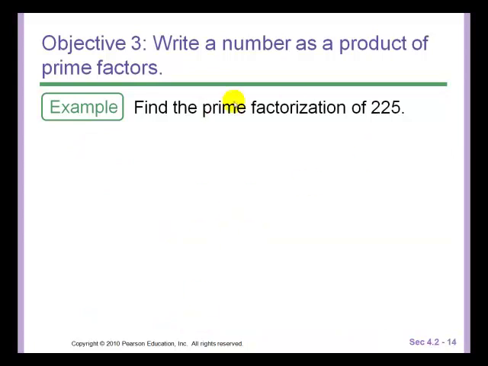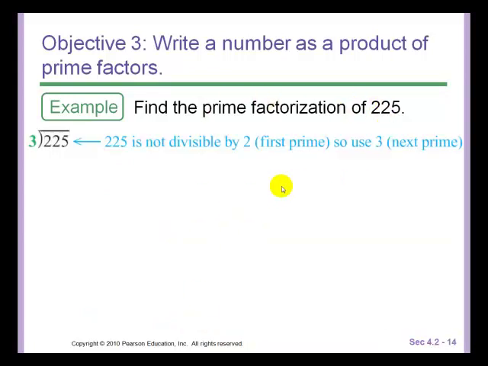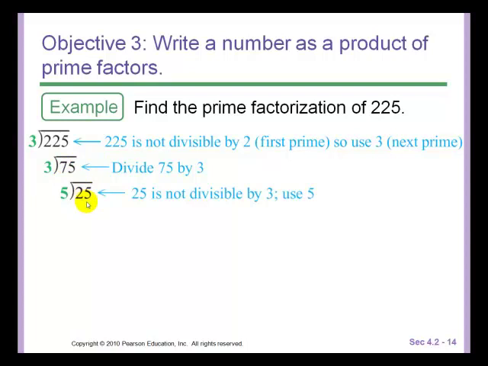Another example. Find the prime factorization of 225. Notice we cannot divide 225 by 2. That's our first prime. So next try 3 or 5. We will use 3. 3 goes into 225 and leaves us with 75. 3 goes into 75 and leaves us with 25. 25 cannot be divided by 3, however it can be divided by 5. 5 goes into 25 and leaves us with 5, and now we can divide this by 5 and we get 1.